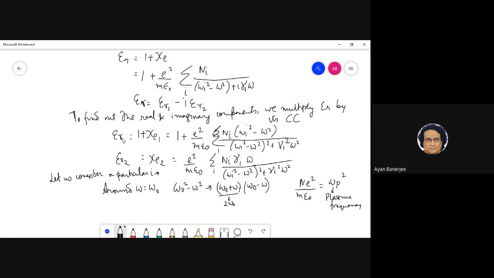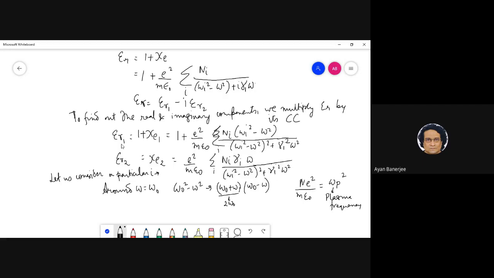It just becomes something like omega something minus omega p square by something. As you vary the input frequency, there will be a frequency when epsilon r becomes 0. And that is a very, very interesting concept.